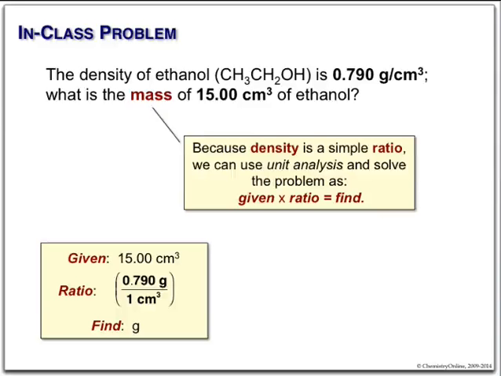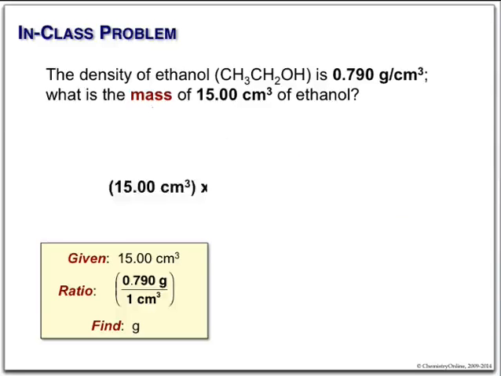Now remember the way we did this. We start off with our given. Going to multiply that by the ratio. The ratio must be set up so that the units of given are in the denominator. There's our given. Our ratio, once again, must have cubic centimeters in the denominator, which it does.